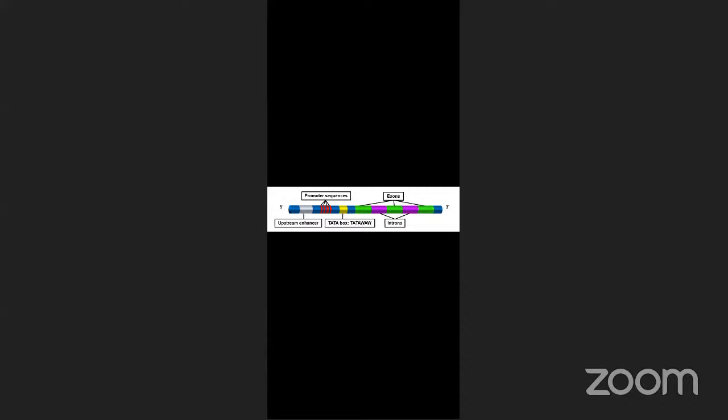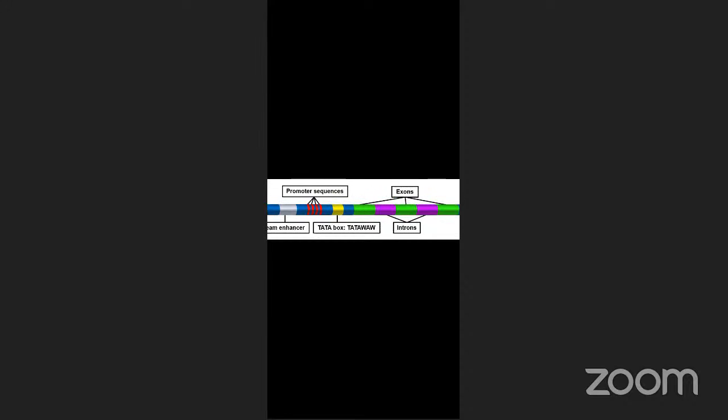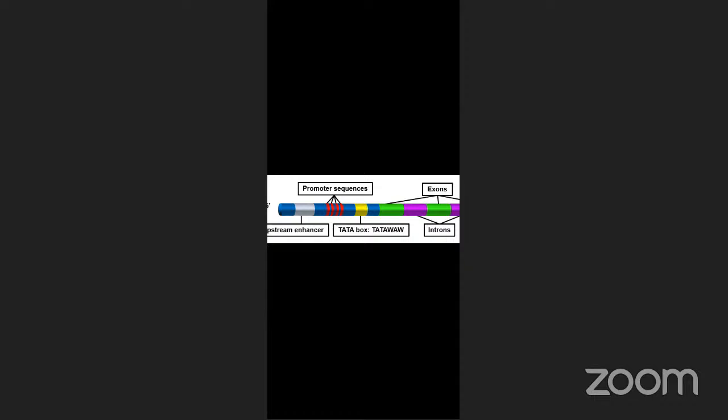This is the promoter sequence, only the red lines. The promoter is on the left side, upstream. This is important. These words are very, very important. Listen: where is the upstream and where is the downstream? They are useful in protein synthesis, transcription, and translation.